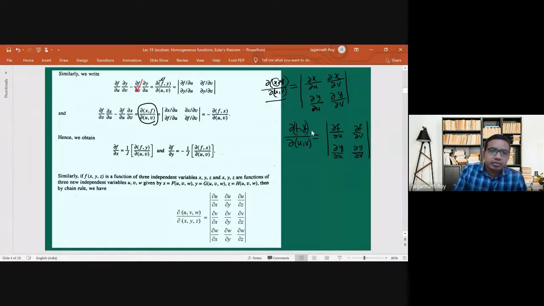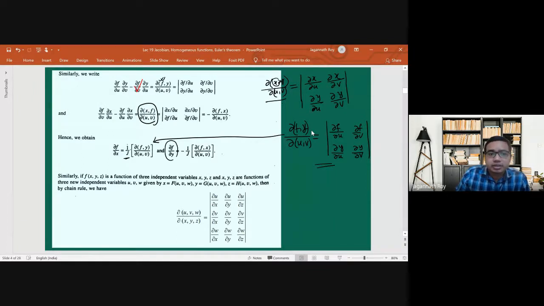Okay. So from here, we can see that we have to find out this x variable, which is the partial derivative of f with respect to x. So this one is nothing but 1 by J, that is 1 by Jacobian, into this one, the new term that we are defining. This will be clear if we discuss one example.